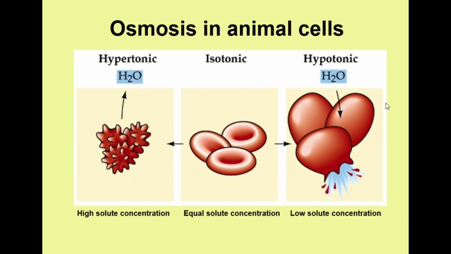If they are exposed to a hypotonic environment, so a low solute concentration, they will swell, burst and die. So our bodies work incredibly hard to constantly maintain this isotonic environment where our tissues and the inside of our cells are kept at the same or very similar solute concentration. So hopefully that makes sense.